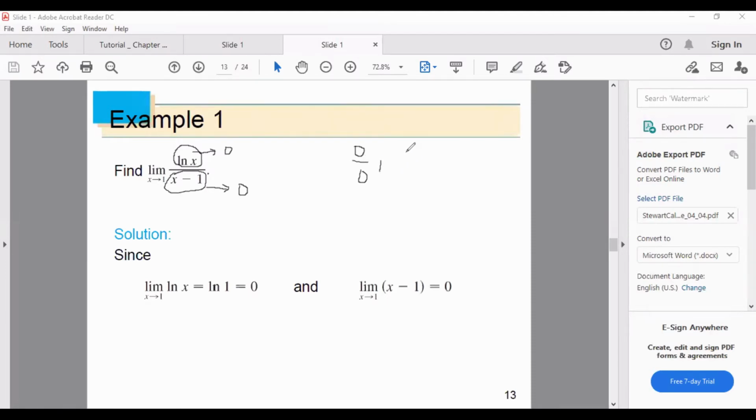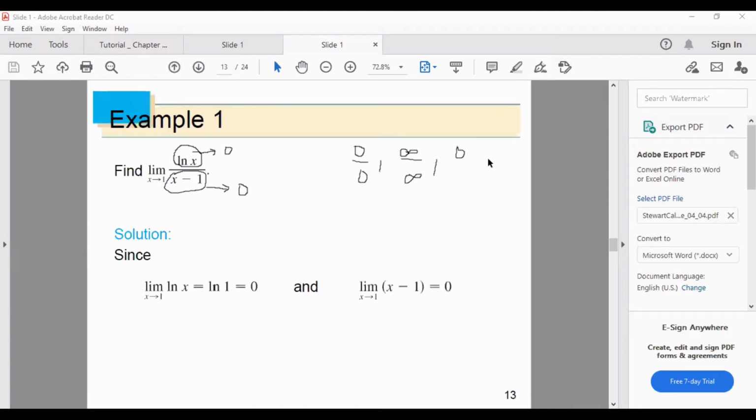Another problem is when we have infinity divided by infinity. That means something large divided by something large, and we have a problem. Another one is 0 times infinity.